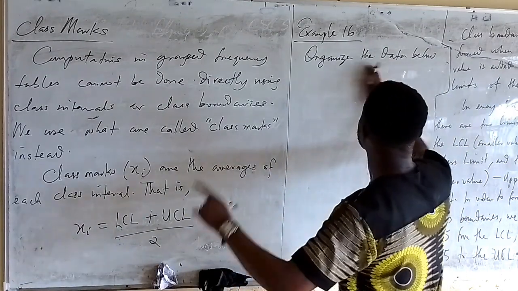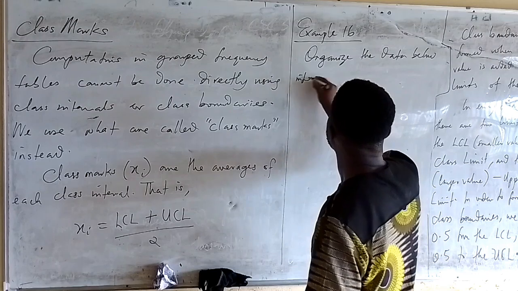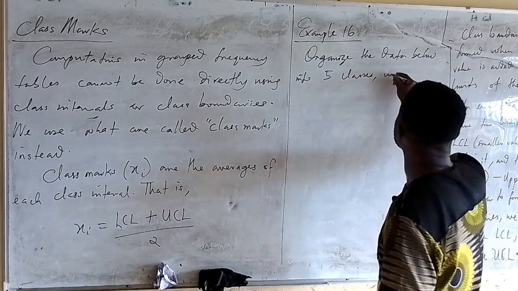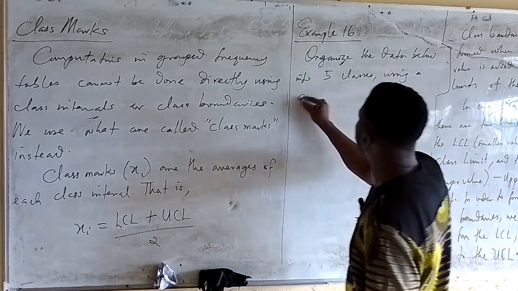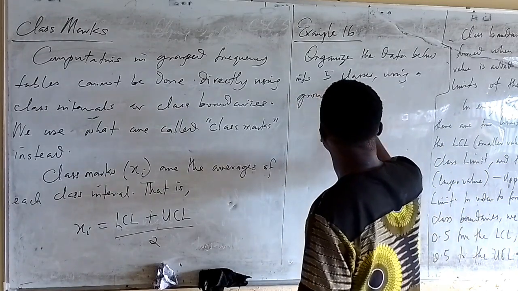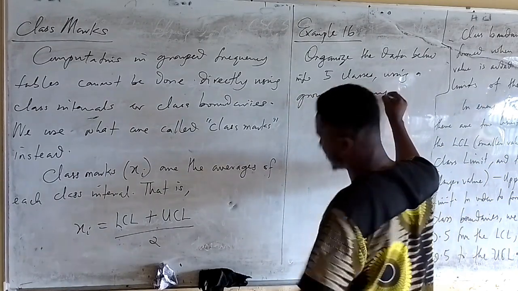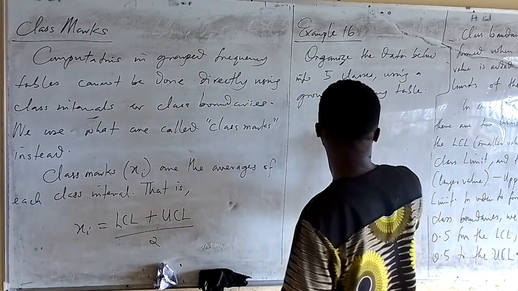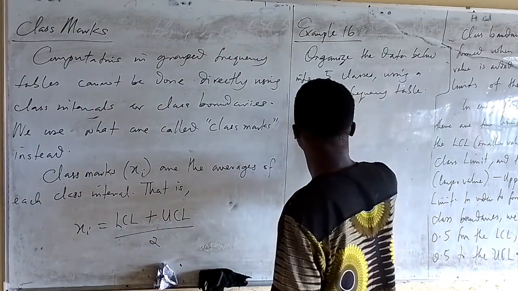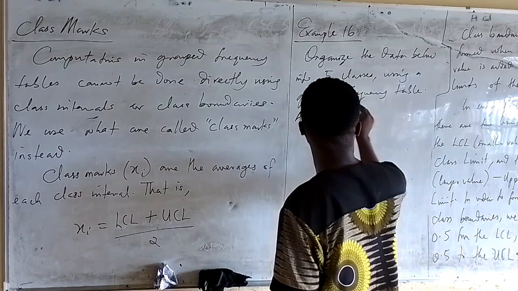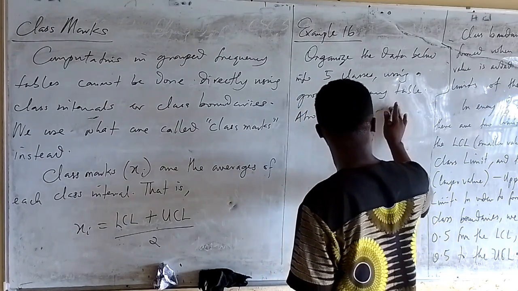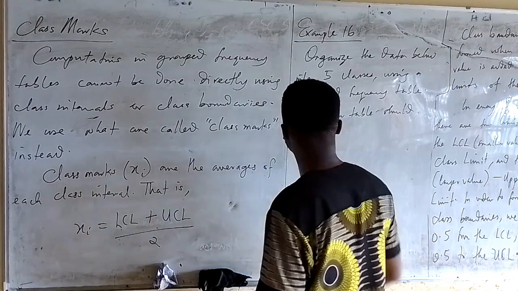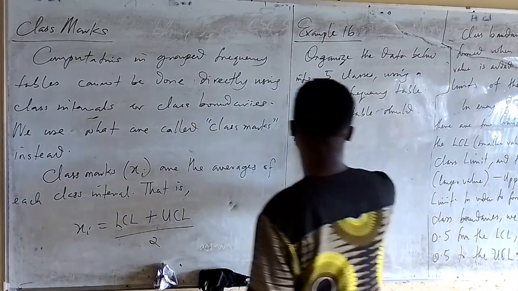Organize the data below into 5 classes using a grouped frequency table. Also, your table should show the following.